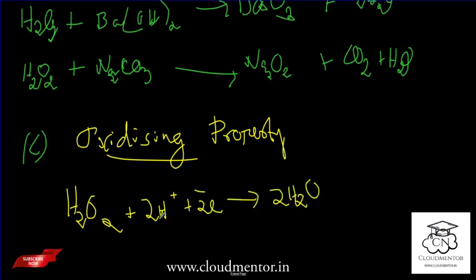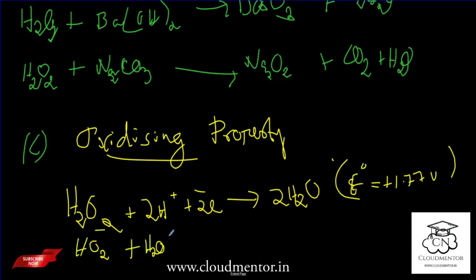The standard electrode potential is E equal to plus 1.77 volt here, and for HO2- plus H2O plus 2 electrons giving 3OH-, the standard electrode potential is plus 0.87 volt.